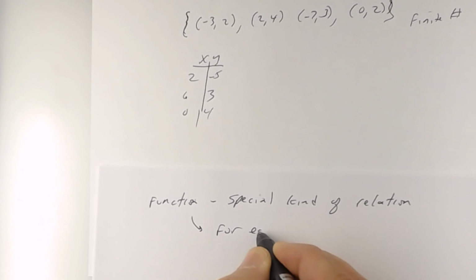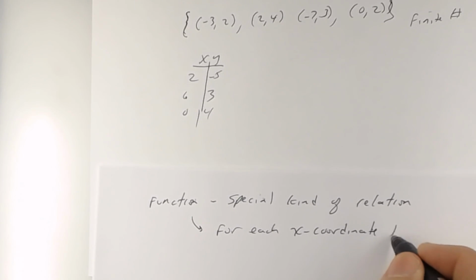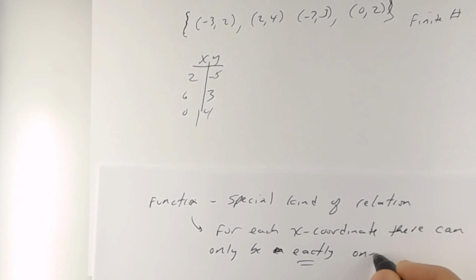For each x coordinate, there can be exactly one y coordinate. So a function is a relation in which for each x there's exactly one y.